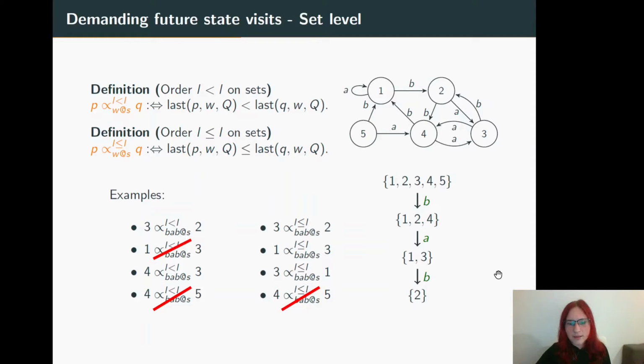But the fact that we are starting in the whole state set at once comes from our lack of knowledge about the actual state. So what we have here now is that we're basically relating states appearing on one path with states appearing on a completely different path, which might have no connections whatsoever on the same path.